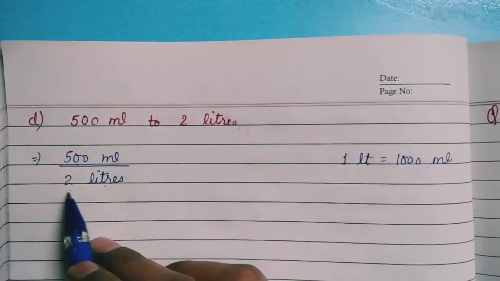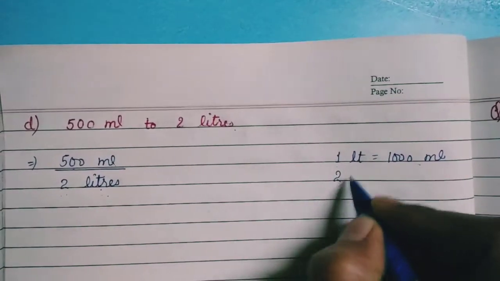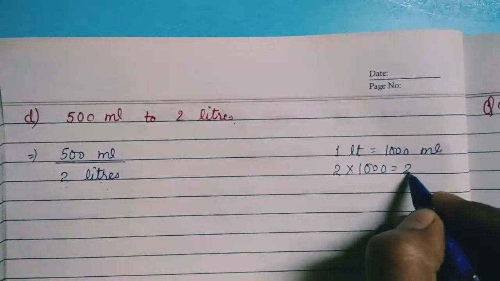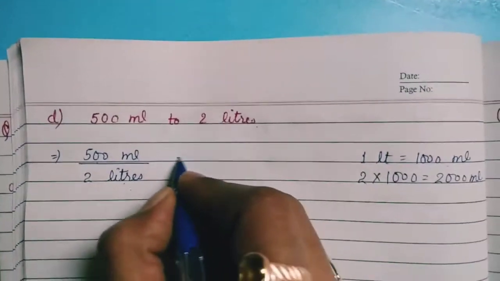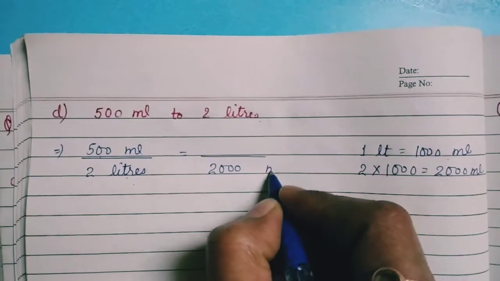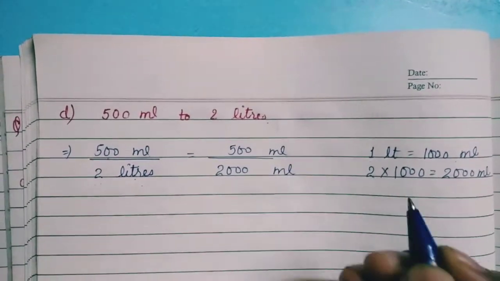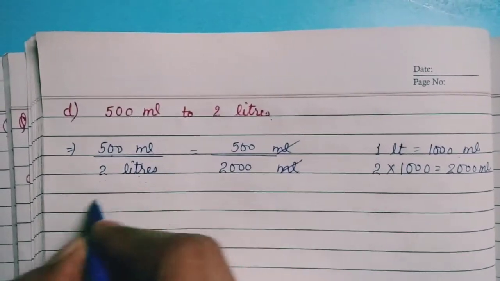So we can convert this 2 liter into milliliter by multiplying 1000 into 2. So we will get 2000 milliliter. It means on the place of 2 liter we can put 2000 milliliter and 500 milliliter as it is. So milliliter to milliliter cut.